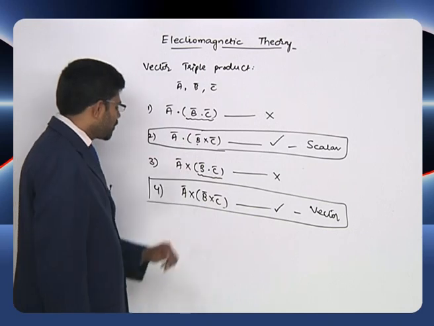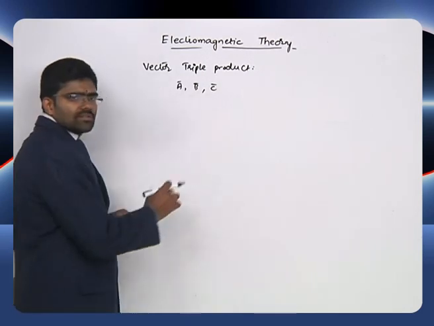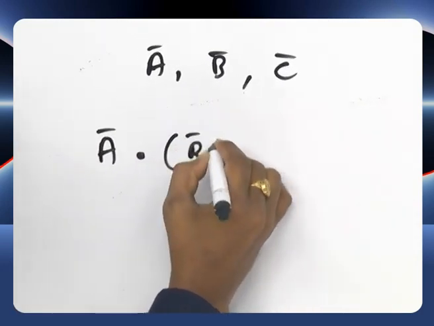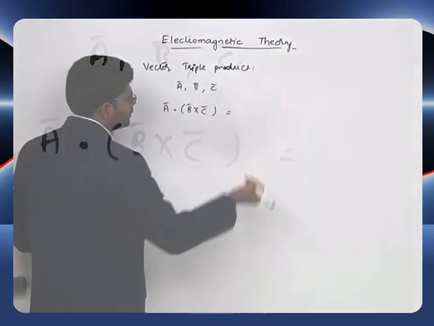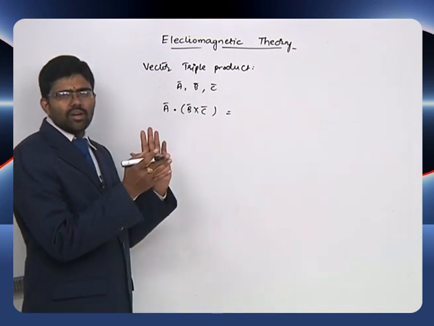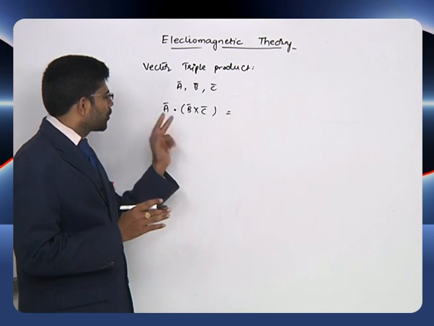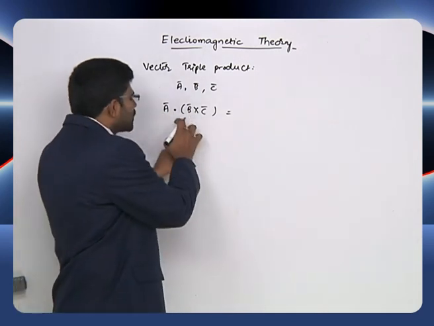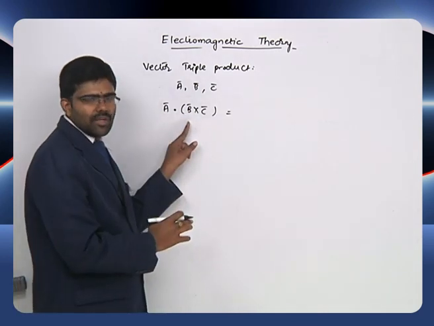Now we will observe what is the answer for this one and this one. That's the scalar triple product, A bar dot B bar cross C bar. As we know, A bar dot B bar is equal to B bar dot A bar. You can swap the two vectors in our dot product. You can swap the positions of the operators also. No doubt about it.